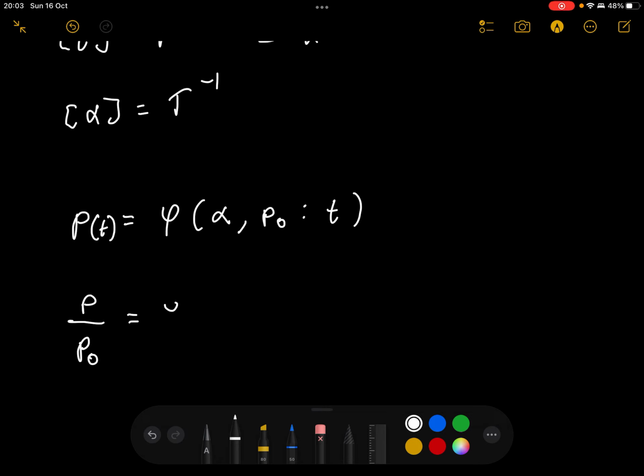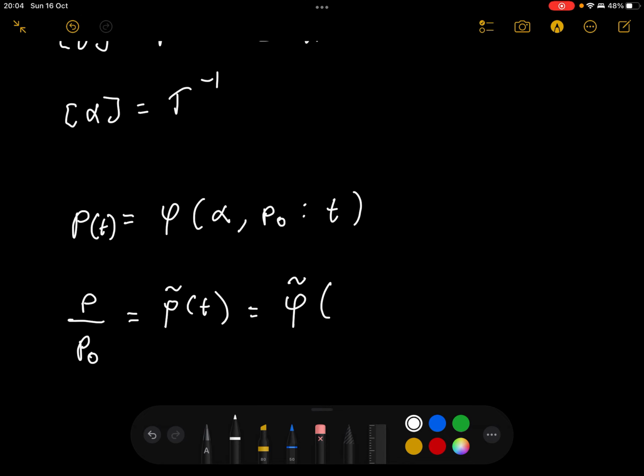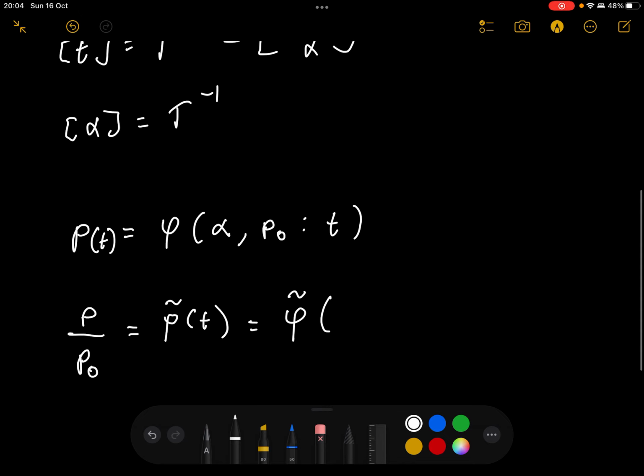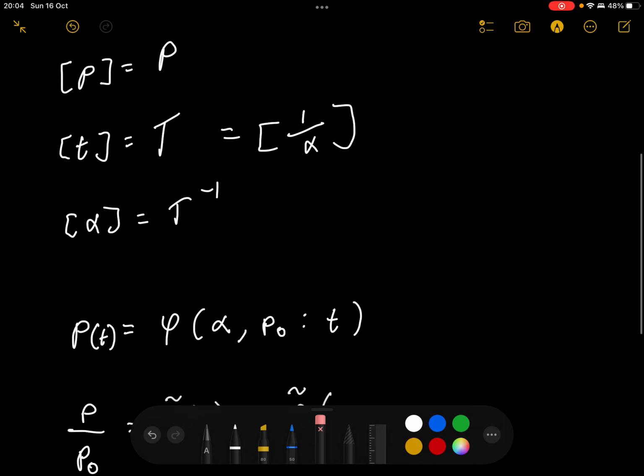And we'll call this P with a little tilde on top of it. And we want to create a new function called psi tilde. But instead of taking these values that have units, we're going to normalize all of them so that they don't have units.